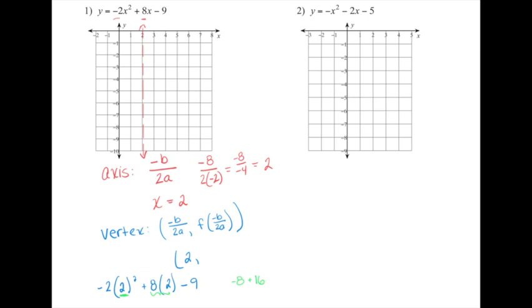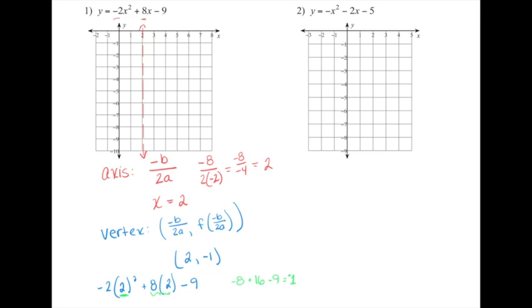And then I have minus 9. All right, so I have negative 8 plus 16 minus 9. All right, that gives me negative 1. So that's going to be the y value of my vertex, all right?